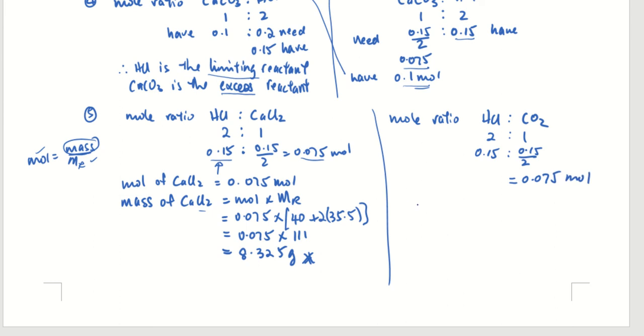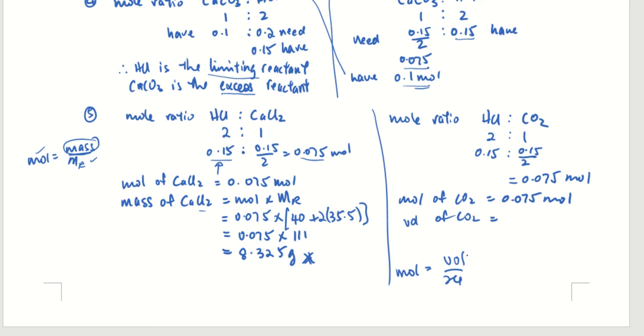Okay, so we know that the mole of carbon dioxide formed is 0.075. Therefore, the volume of carbon dioxide formed will be given by, if you would remember the equation of a gas, mole is equal to volume divided by 24.